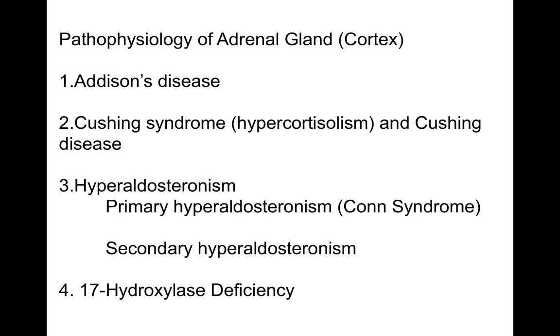In primary Cushing syndrome, there is an adrenal adenoma or adrenal carcinoma, which results in excess production of cortisol. This excess cortisol can cause diminished production of ACTH.